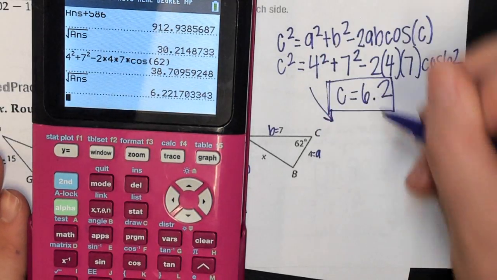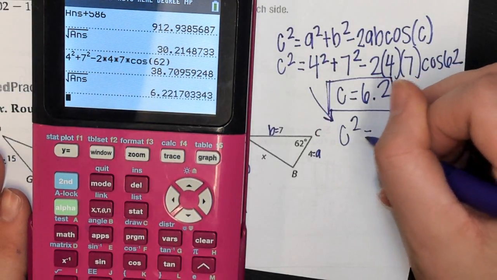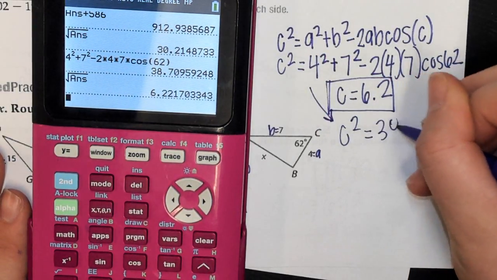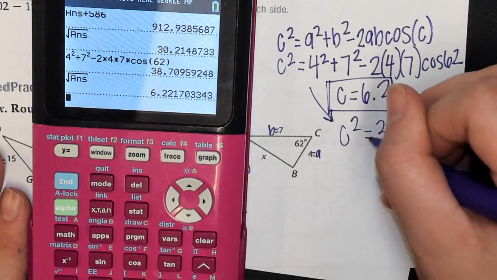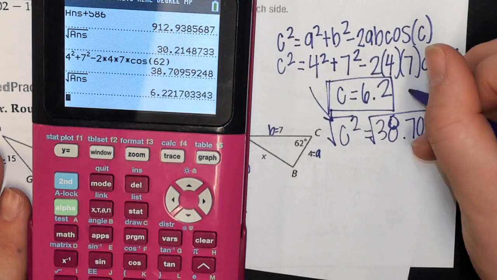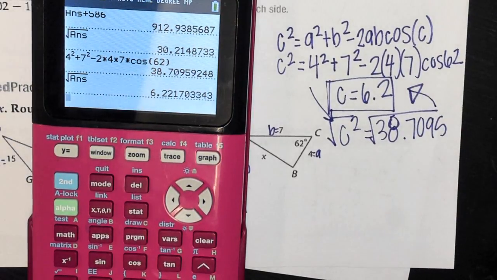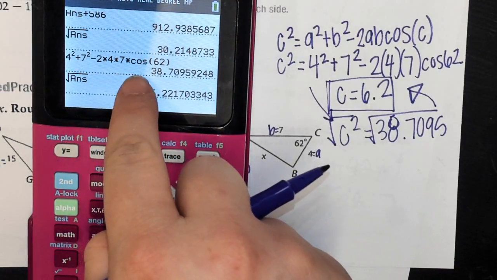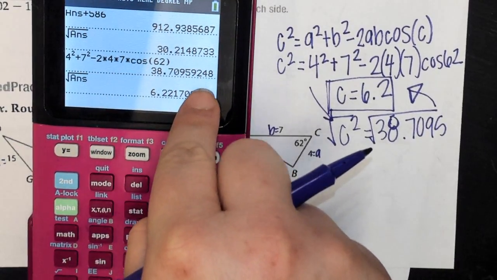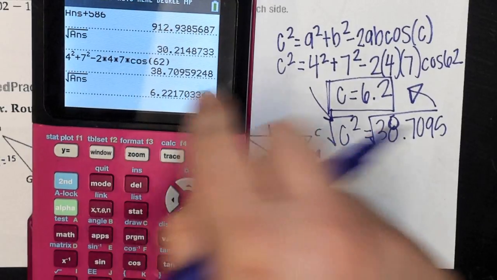Now I kind of skipped a few steps here. So C squared would have equaled 38.7095, square root, and that would give you 6.2. Are y'all able to plug it all in at one time in your calculator? Yes, ma'am. You are? Some of you aren't.